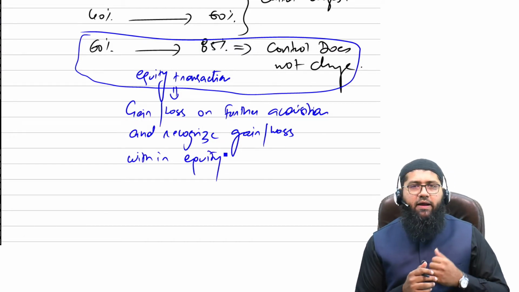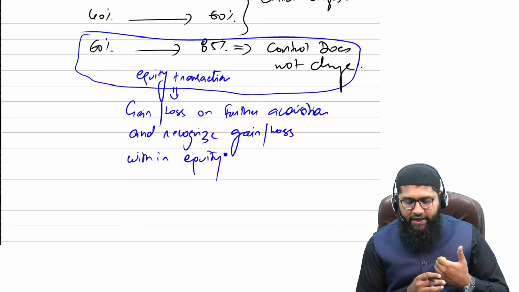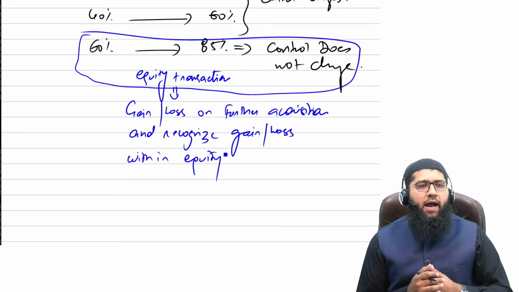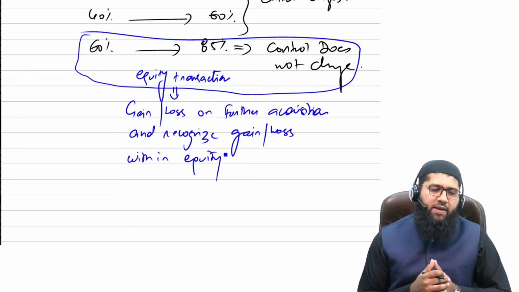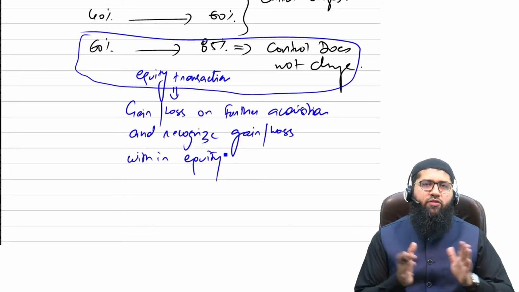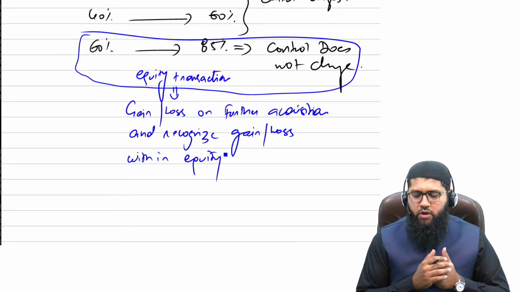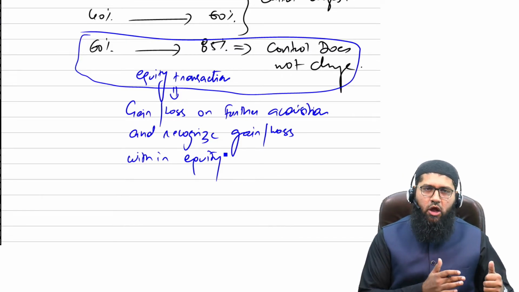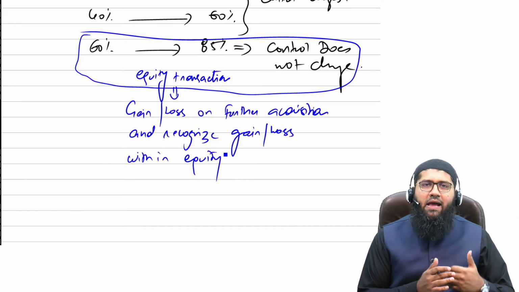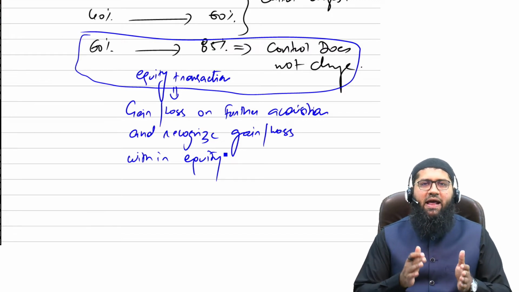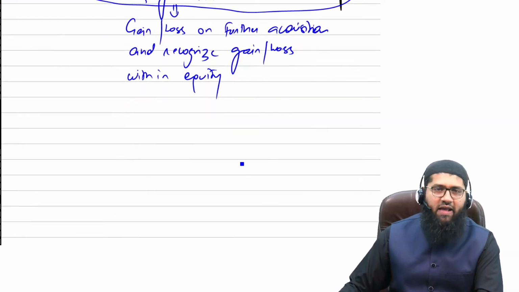So in case you had a company which you were already controlling and you acquire additional shareholding in that company, the control does not change. Now if the control does not change, what is it that you have to do? You have to calculate gain or loss on this further acquisition, and that gain or loss has to be recognized within the equity. Now how exactly are we going to do it?